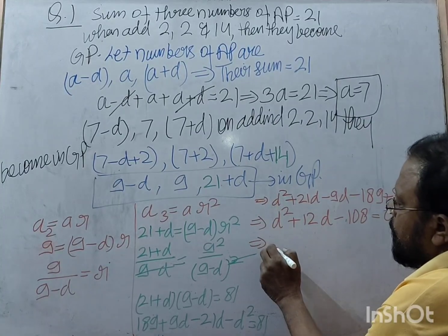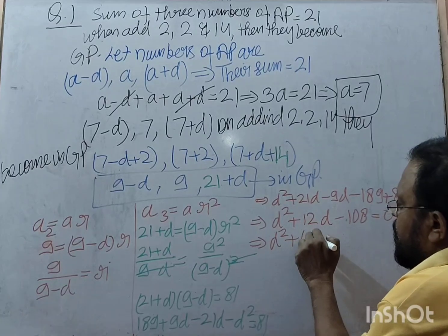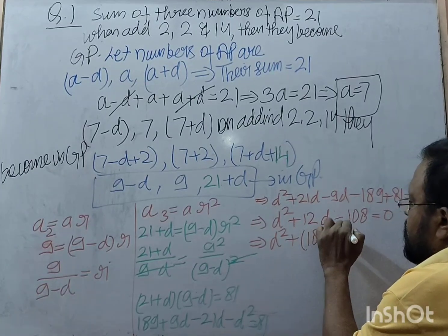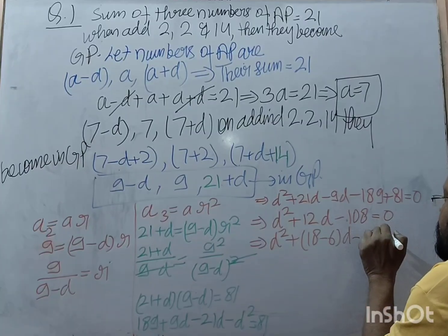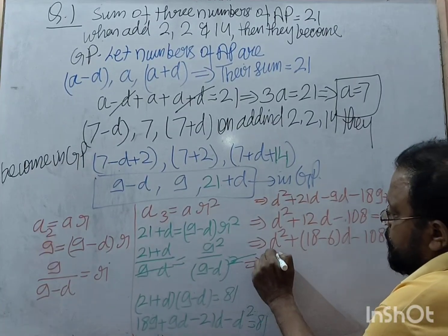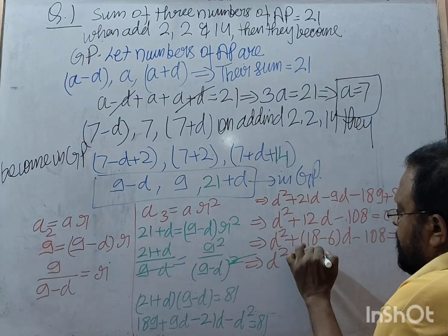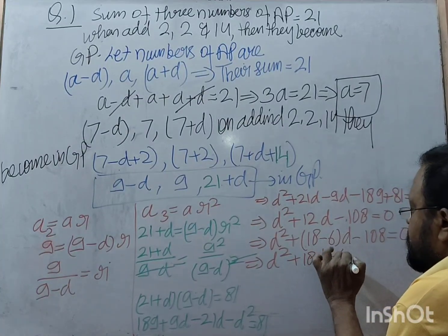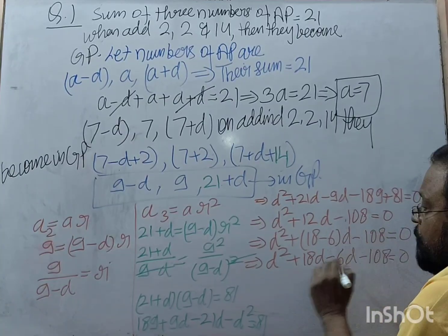So d square plus 18d minus 6d minus 108 is equal to 0.